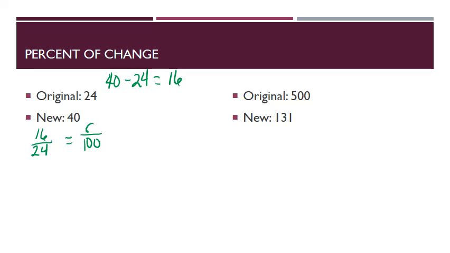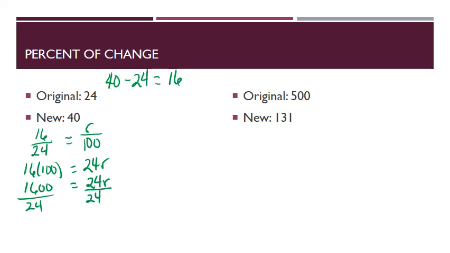Now we're going to cross multiply. So I got 16 times 100 equals 24R. And 16 times 100 is 1600. 1600 equals 24R. Let's go ahead and divide both sides by 24.